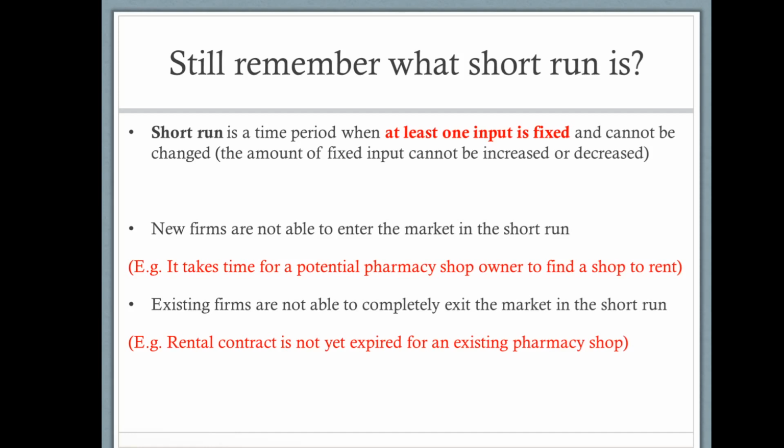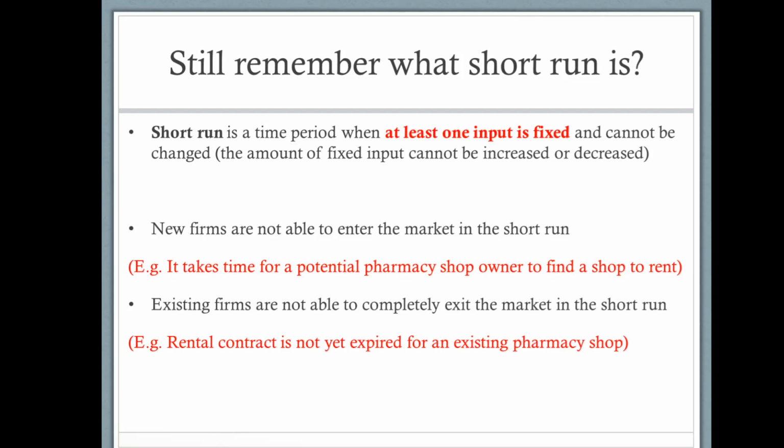So in that very short period of time, you cannot actually exit the market. Even if you exit the market, you still have to pay the rent, so you never really exit the market. You still have to pay for something for your shop, and that is the rental fee, because the rental contract is not yet expired. Is that clear?